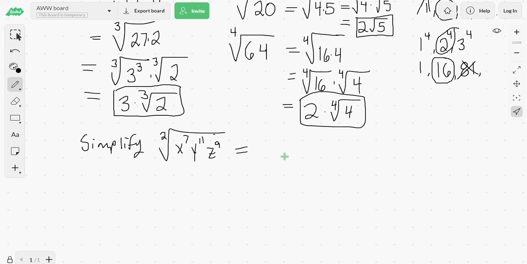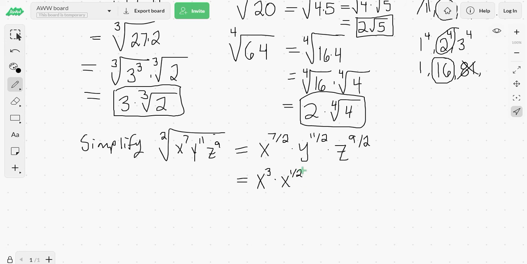So we can write this as, how about I'll do it like this, x to the 7 halves times y to the 11 halves. We're using the exponential form instead of the radical form. And then times z to the 9 over 2. Now we can think of these as x to the, how many times does 2 go into 7? It goes into it 3 times with a remainder of 1.